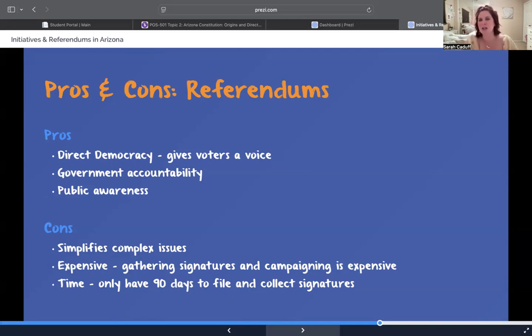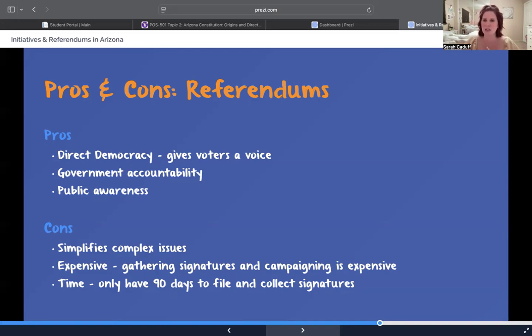Again, for the cons, very similar to initiatives, you are simplifying those complex issues. You're taking those complex issues and giving them a simple yes or no. Like initiatives, it is a very expensive process. Gathering signatures and campaigning is timely and expensive, and again, you're also doing it in such a short amount of time.